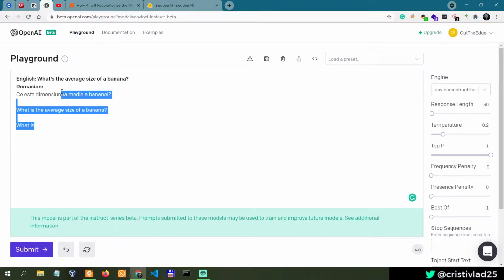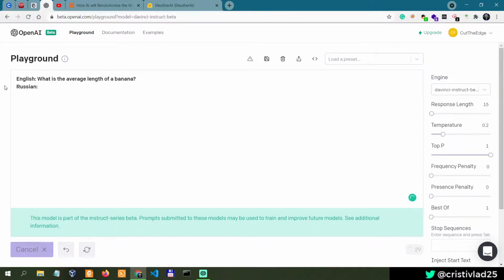What if we say, and we only need maybe 15 tokens, what is the average length of a banana? So this is like 93% grammatically correct, which is really good. What if we do Russian? Doesn't do Russian.